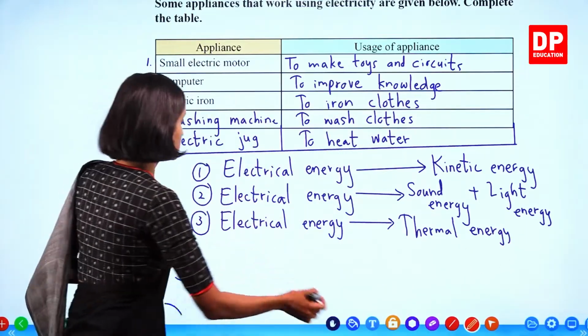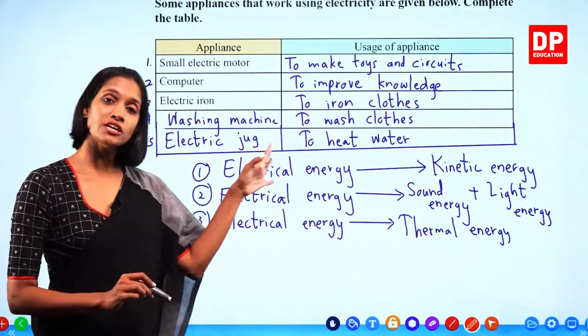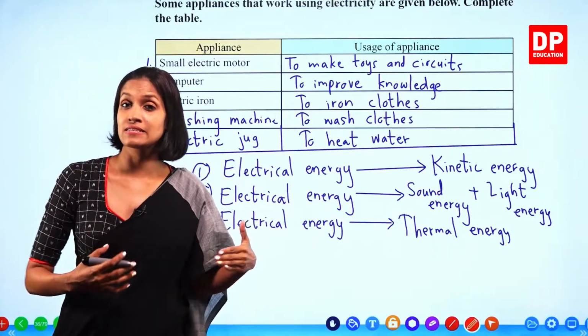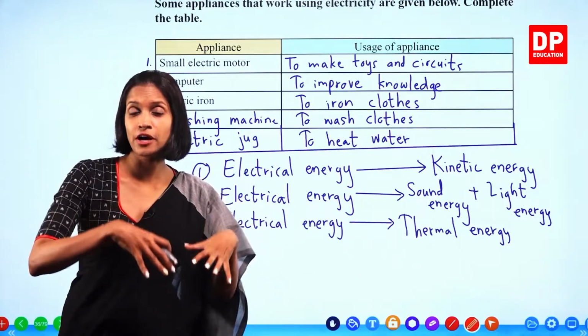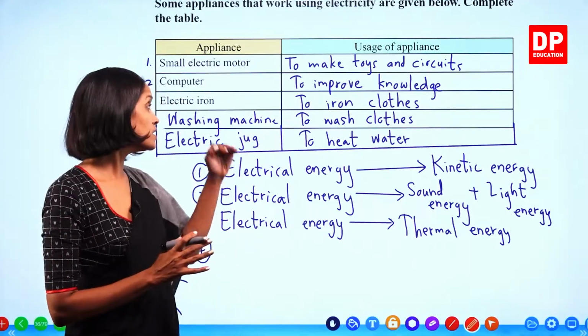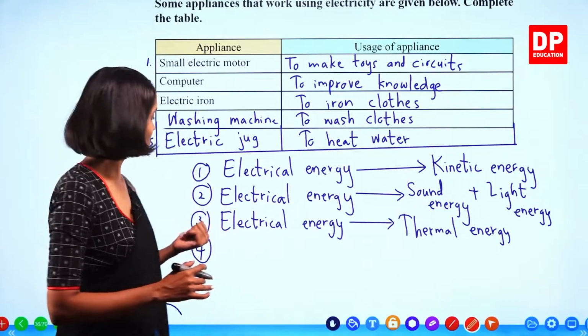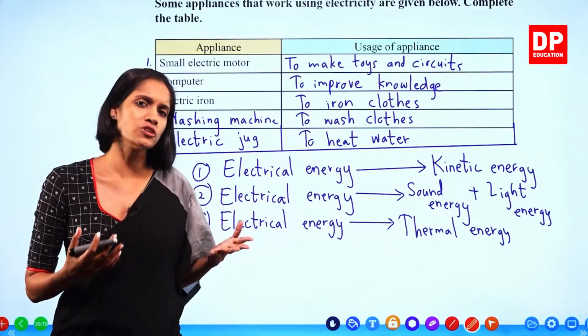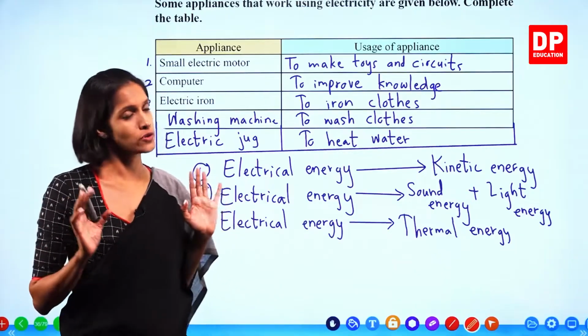Right, children? Number 4, washing machine. So you all know when electricity is supplied, the washing machine starts moving, right? The inner part of the washing machine starts moving along with the clothes. Therefore, moving objects contain kinetic energy, right? And sound energy is also there because when the machine works, you all know sound is also produced, okay?